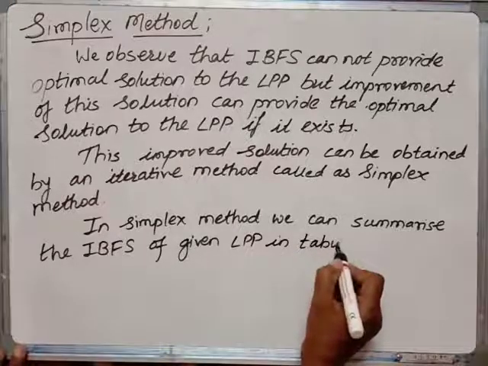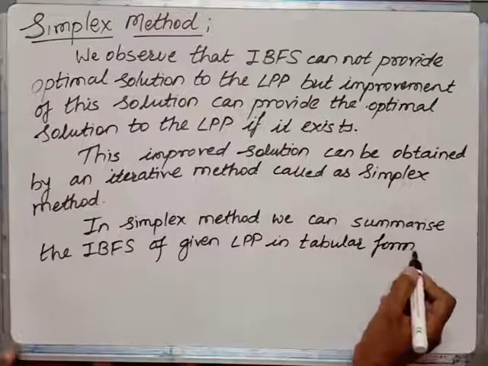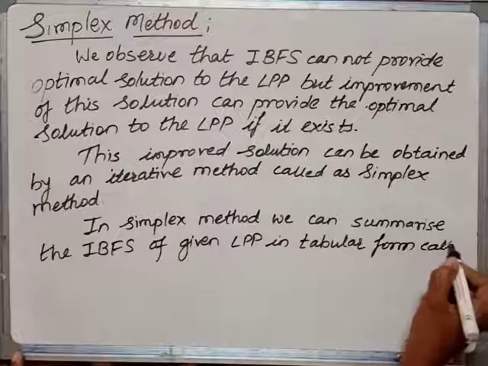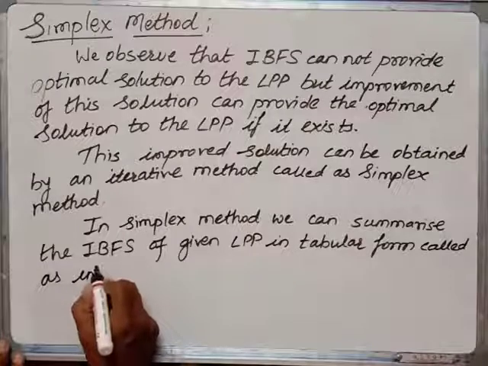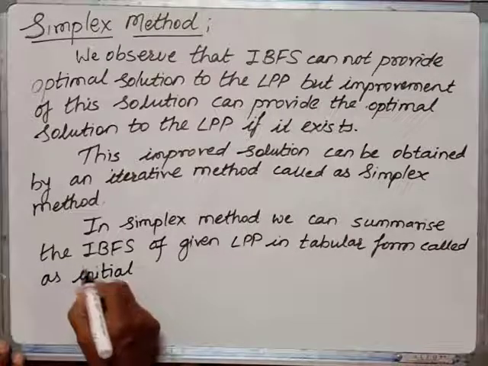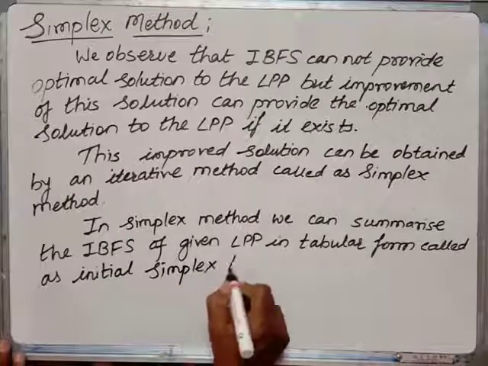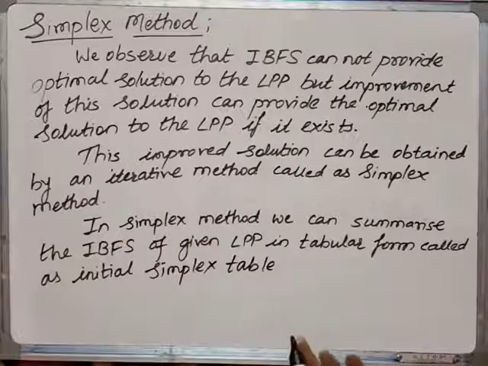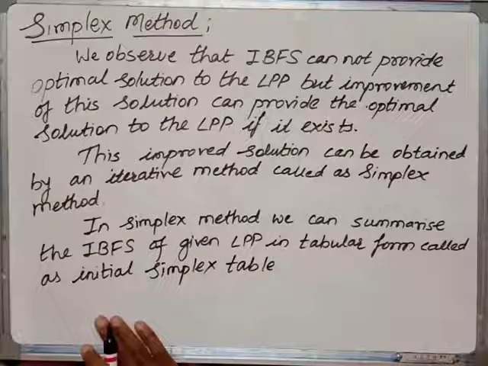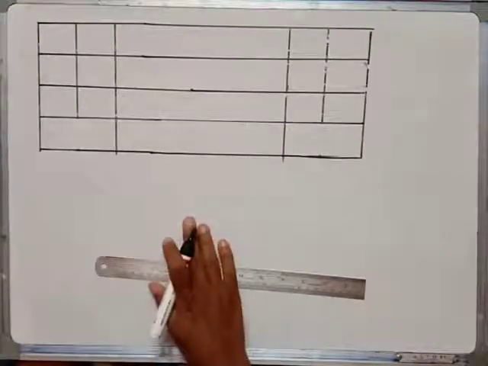In a table we are summarizing it, called as initial simplex table. That is known as initial simplex table. Now how does that table will be created? Let us see. Now the initial simplex table can be formed as such.